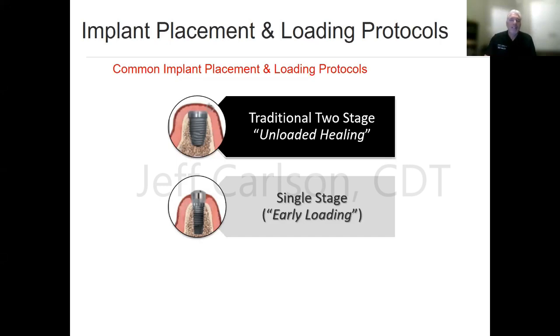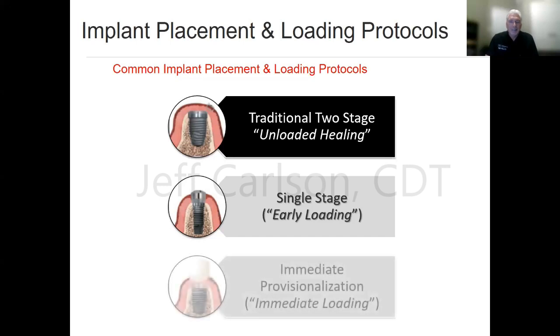It also helps to define or develop the emergence profile, which is very advantageous when you are dealing in an aesthetic zone, doing these crown and bridge type restorations. And then the other type of implant loading protocol or placement is immediate provisionalization, which is where you're actually going to put the abutment, most often a temporary abutment, and a temporary crown on.